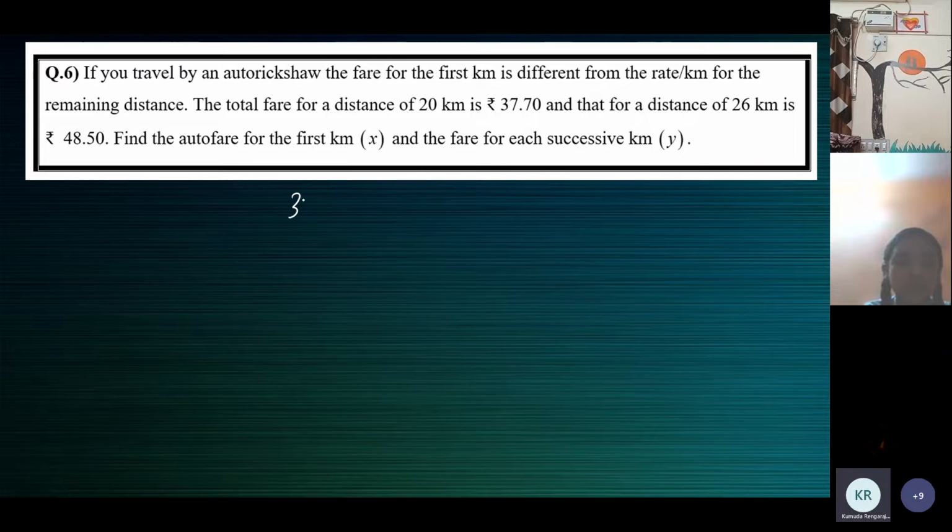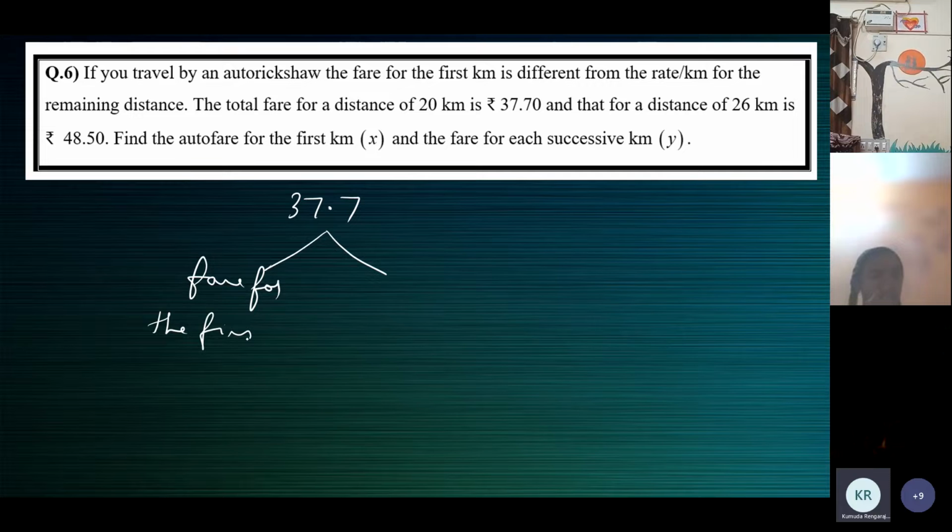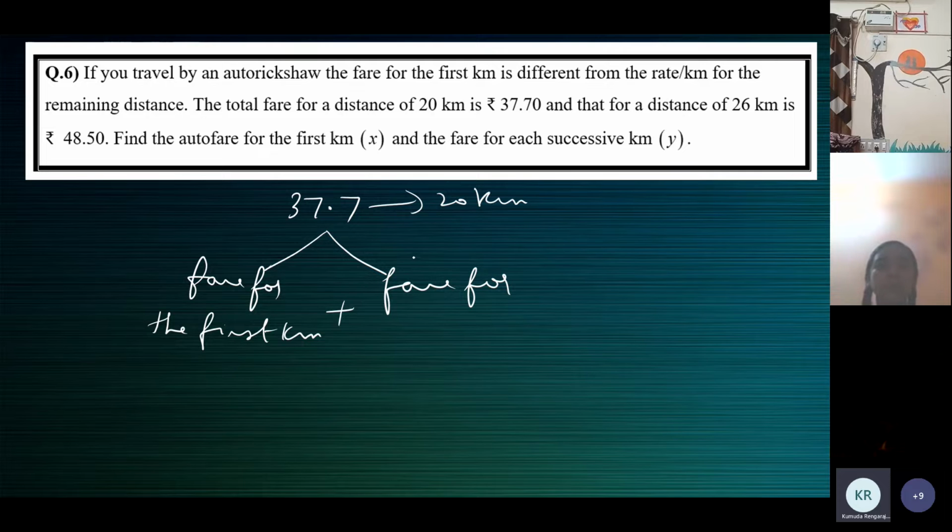So this 37.7 is made up of two things. It's the fare for the first kilometer, plus the fare for the remaining distance, fare for 19 kilometers, because this fare is given for 20 kilometers.